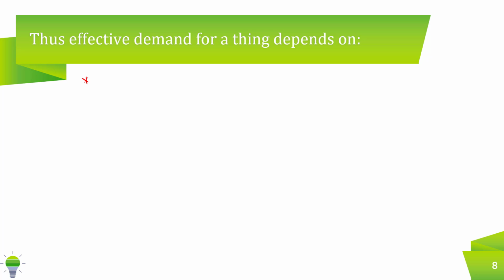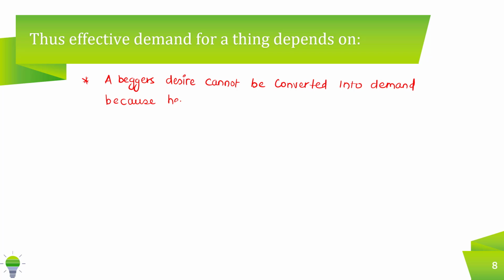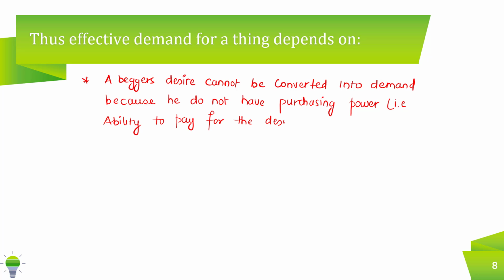So we can write over here: a beggar's desire cannot be converted into demand because he does not have purchasing power, that is ability to pay for the desired product.